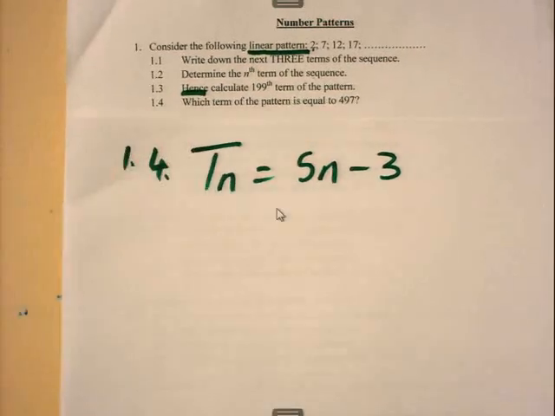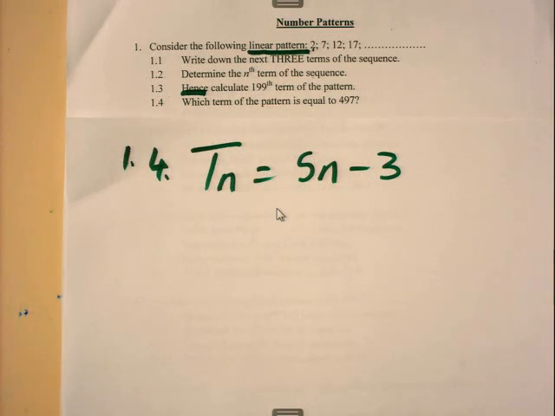So the question is, which term is equal to 497? Remember what I said earlier: n indicates the position of a term in a sequence. Check 1.3. The position of that term is 199. That's why we substitute n by 199.